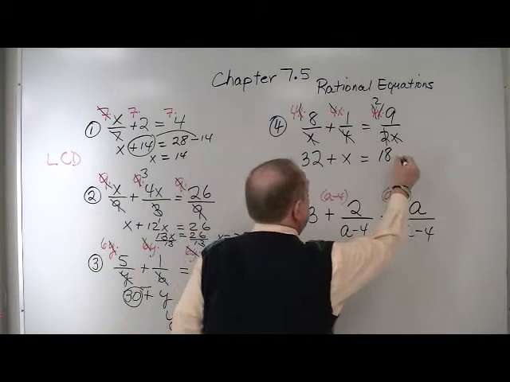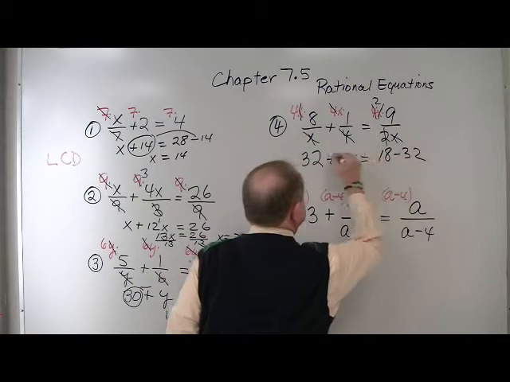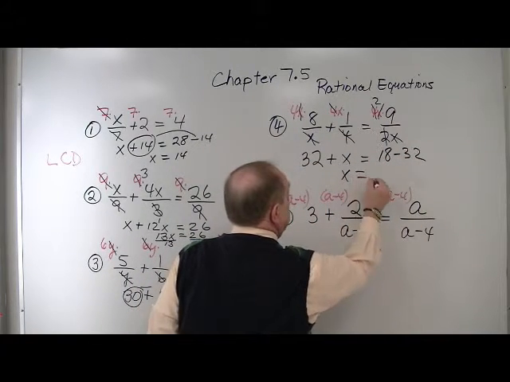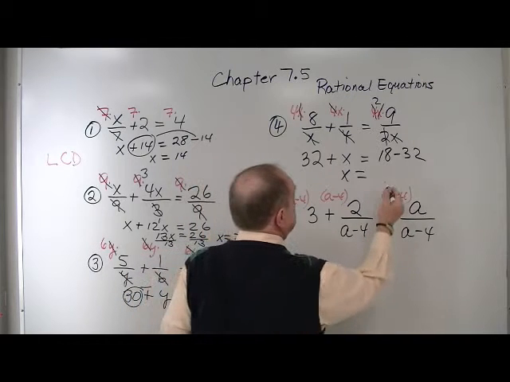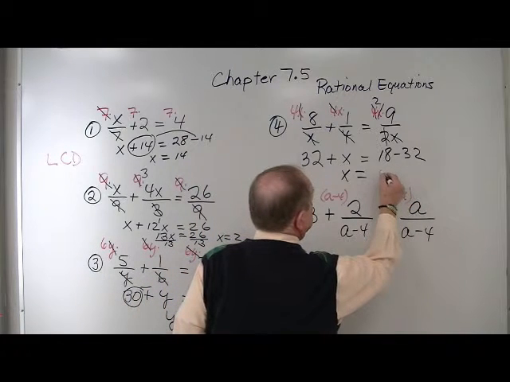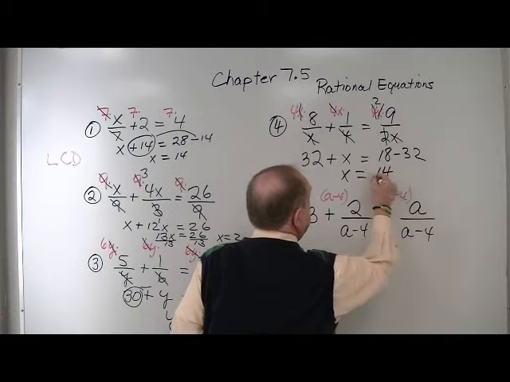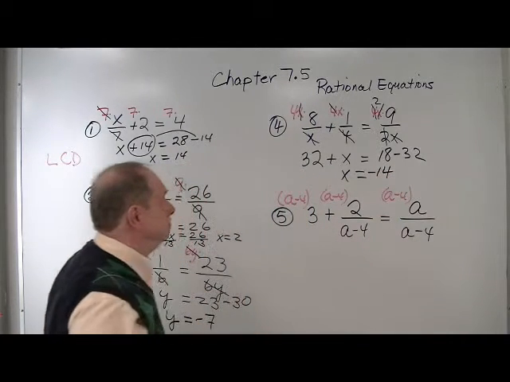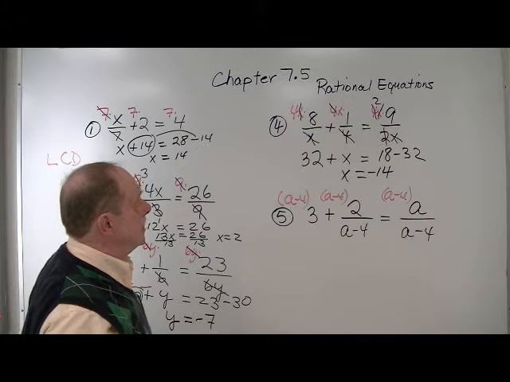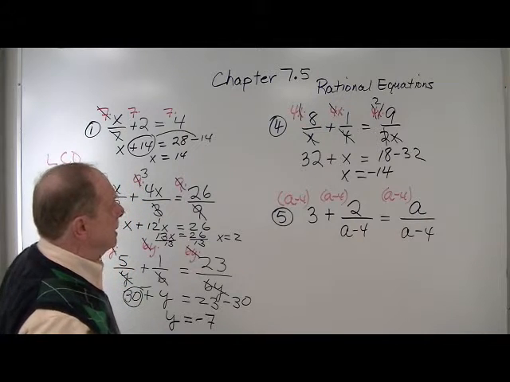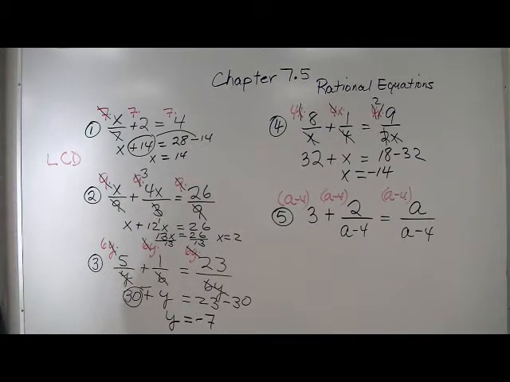And this becomes a negative 32 on that side. So we get x equals negative 14. Again, all these were pretty easy.